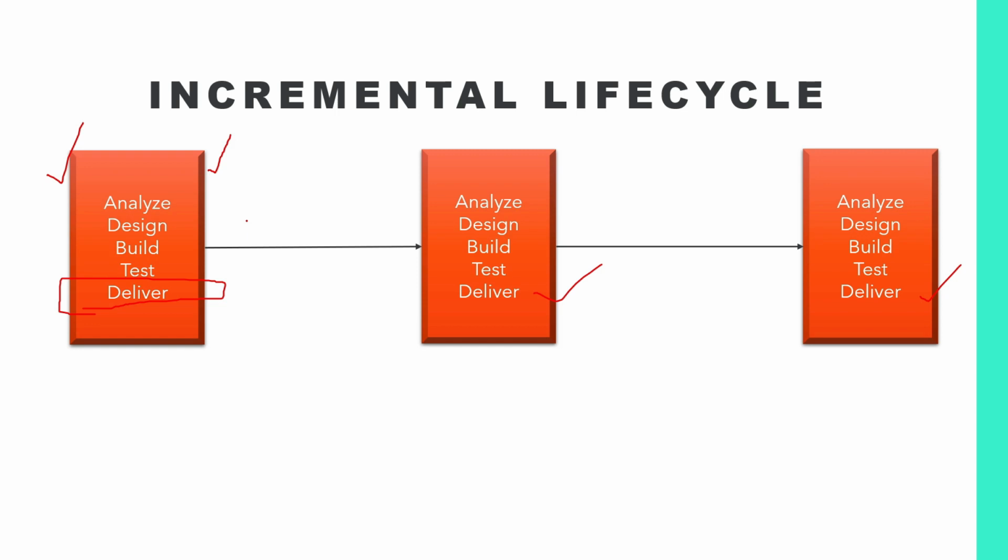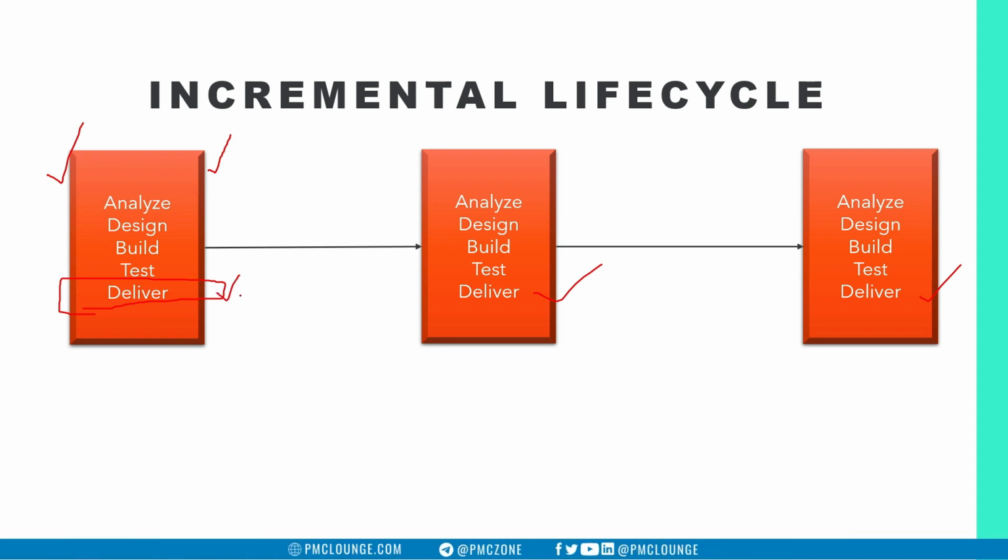You do this because not all customers, not all businesses can afford to wait for a long time for you to work on your project and then deliver towards the end, right? Some businesses would want to start as soon as possible. They want to get some sort of deliverable, maybe a minimum viable product, right? Something as soon as possible so that it can start deriving value.